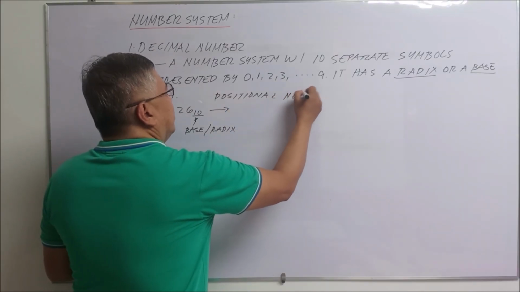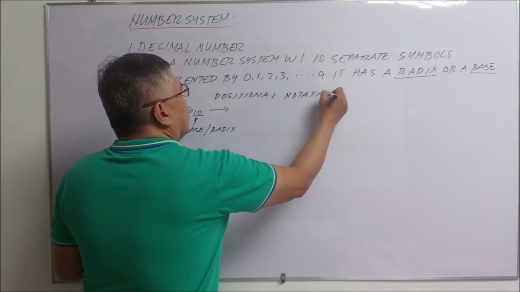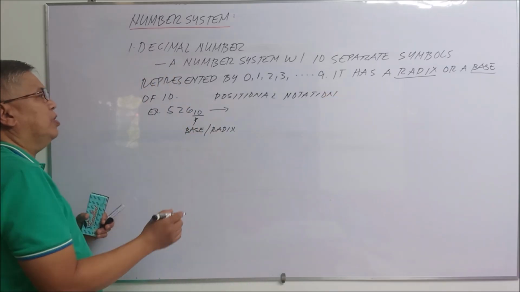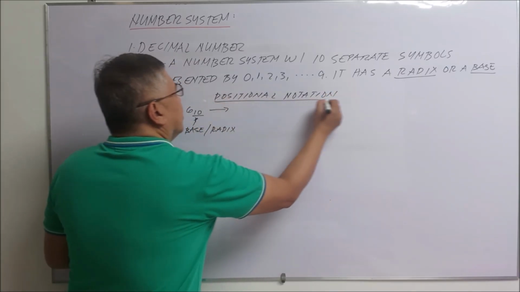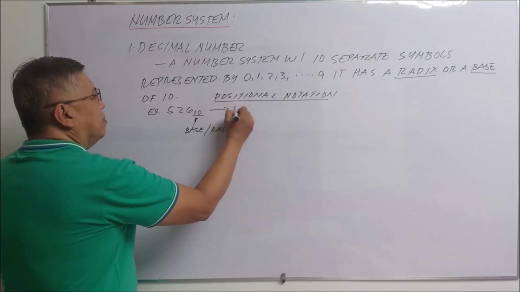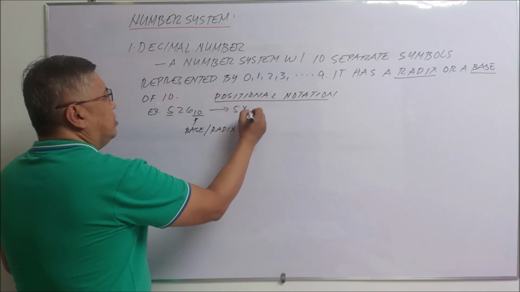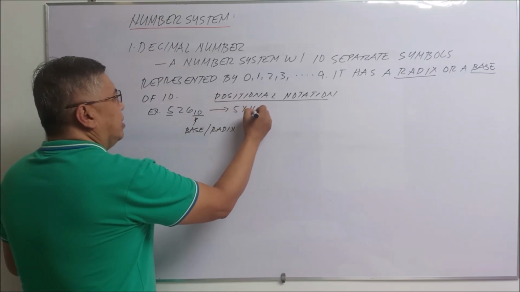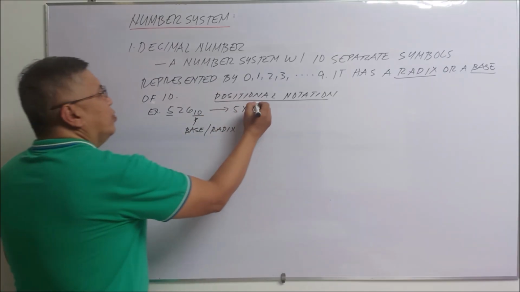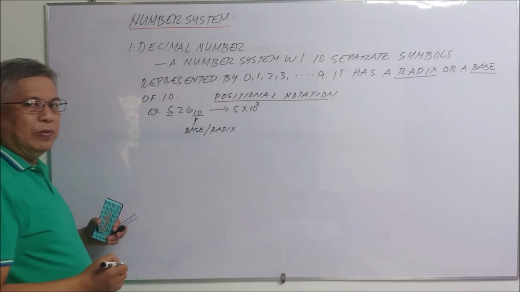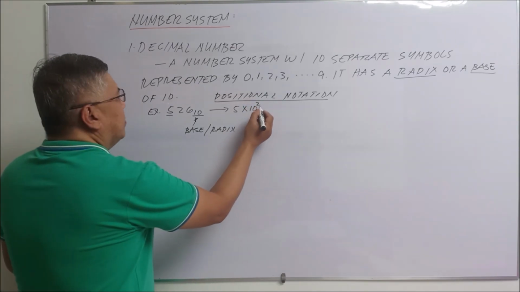Okay? Now, if we obtain the so-called positional notation of this number, you have 5 times the base 10 raised to the second power. How do we obtain the second power?